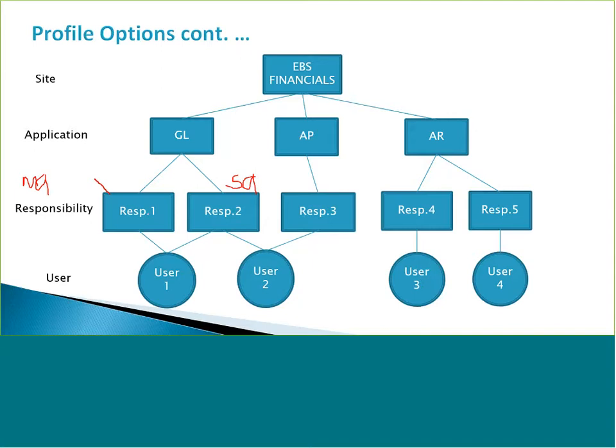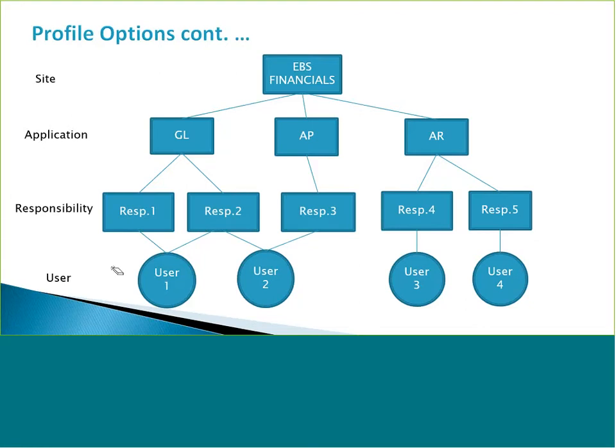All right. So although it is not recommended, assume that we assign the Mascani ledger at the application level. All right. And we don't assign anything at the responsibility level.